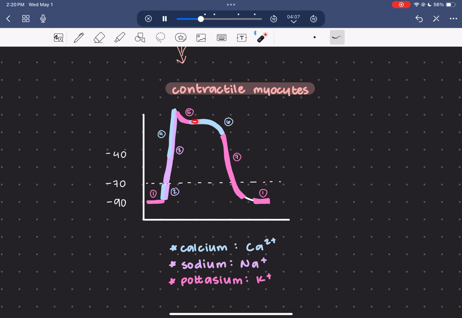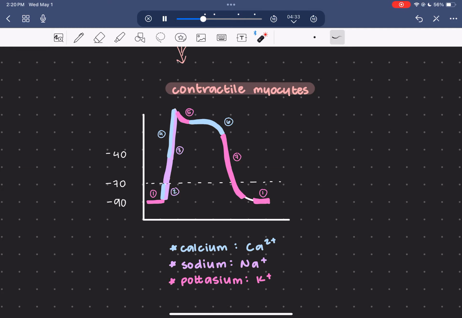At step 6, we're going to see the calcium gates are still open, and they enter into the cell. And then at 7, we're going to see a drop here where calcium gates are closing, and the potassium completely leaves the cell. Then step 1 is going to start all over again, and it's going to restart.